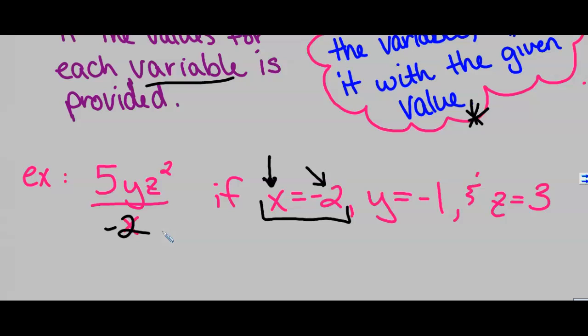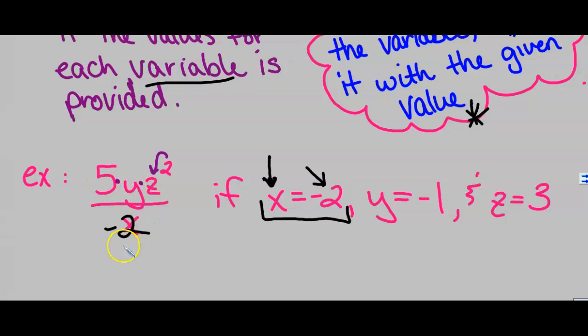Just like that. We need to make sure we understand what's going on here, though. If I tell you 5yz squared, what that means is we're taking 5 times y times z, and the z is squared. So even if you want to write it out a little longer and put those multiplication signs in there, please do so.